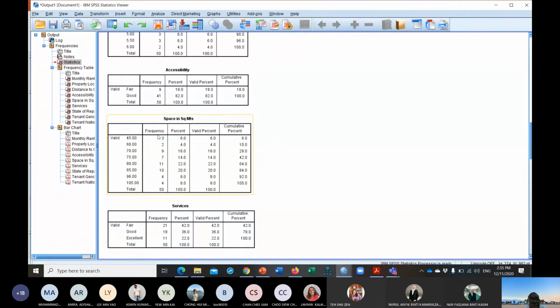Supposing this data contained how many people are living in each accommodation, we would quickly see how many people are living in an accommodation that is big or small, or the average number of people living there.